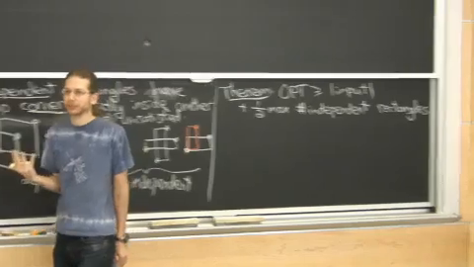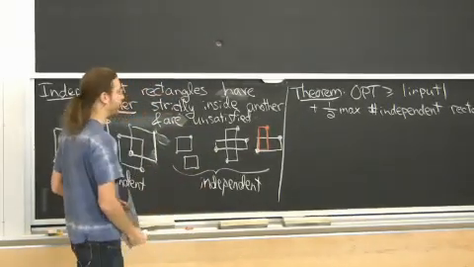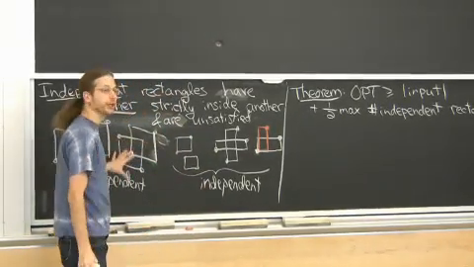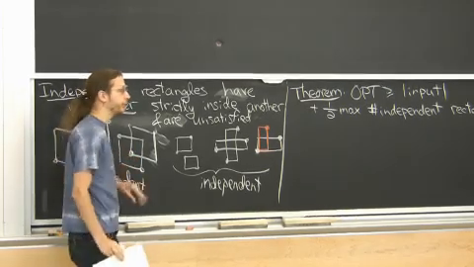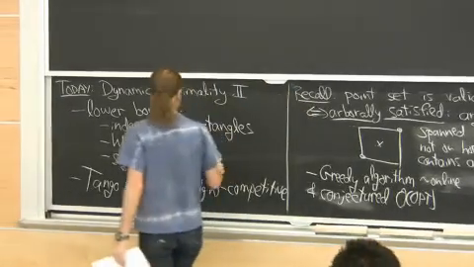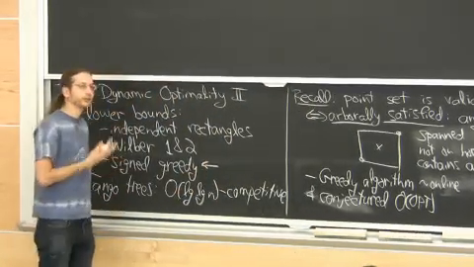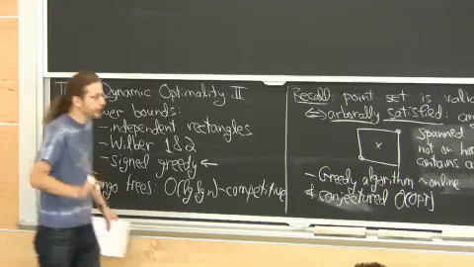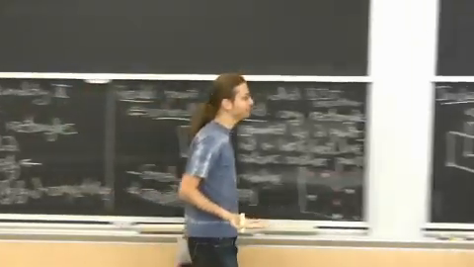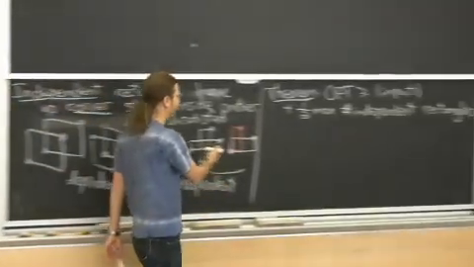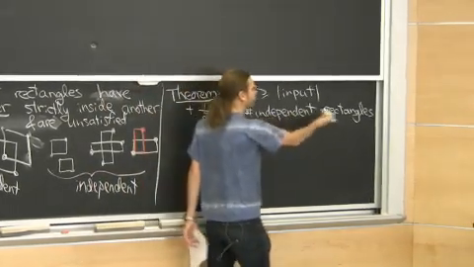In general, that's NP-complete. Turns out we'll be able to at least approximate the number of independent rectangles within a constant factor by the end of class. That's going to be signed greedy. So signed greedy is going to be the best way up to constant factors to choose independent rectangles. For now, someone magically tells you the best way, or you just choose some reasonable one.